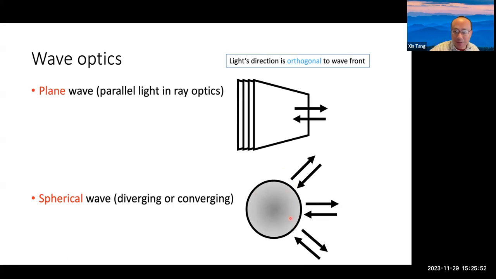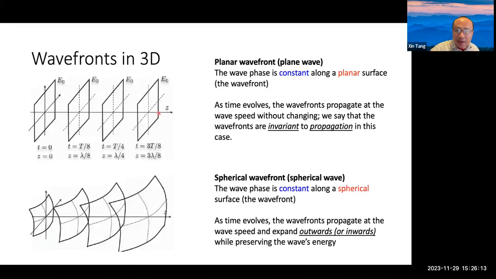Okay, so these 2 cases are the most common light wave propagation cases. For any complicated optical design, you can conceptualize it as many combinations of those 2 cases. Okay, so here are more figures and descriptions of these 2 cases.